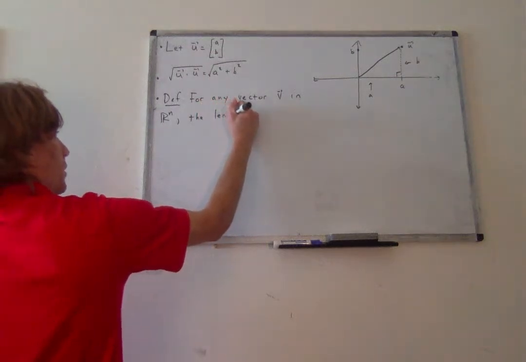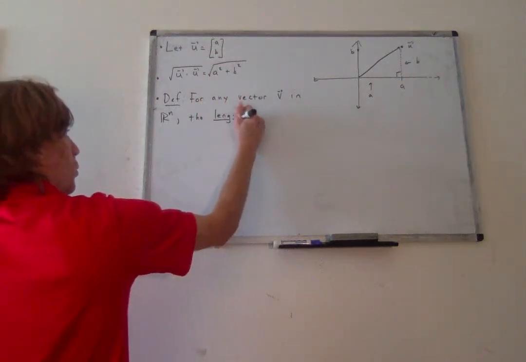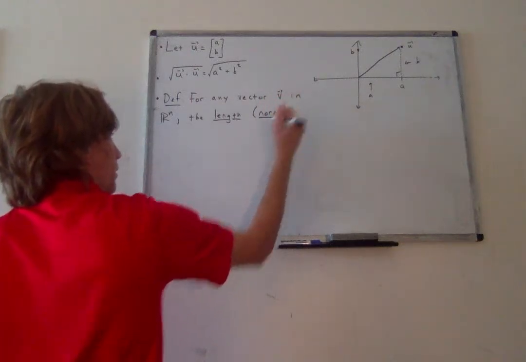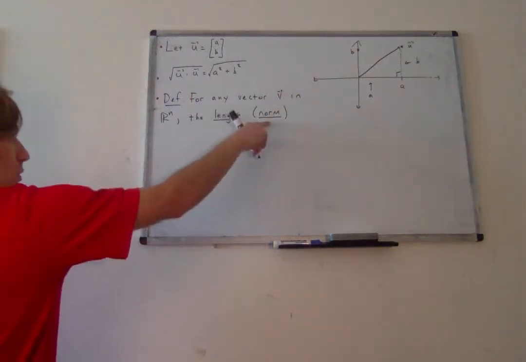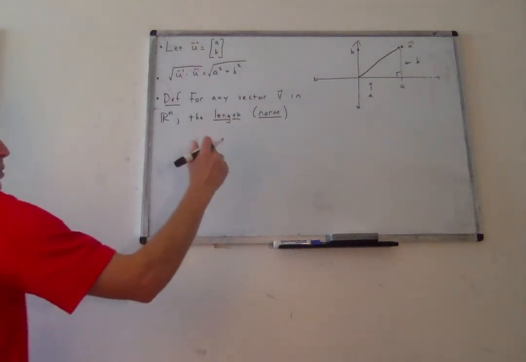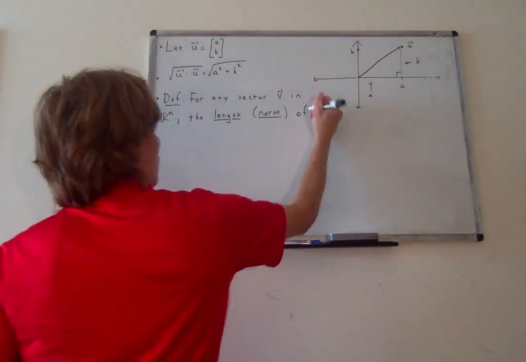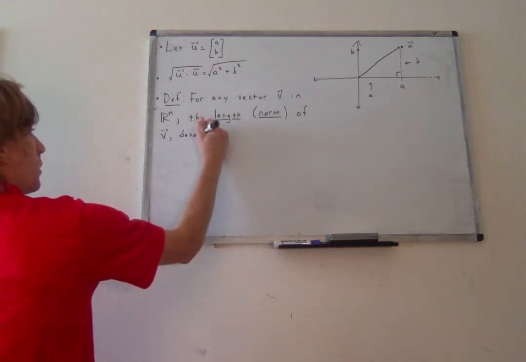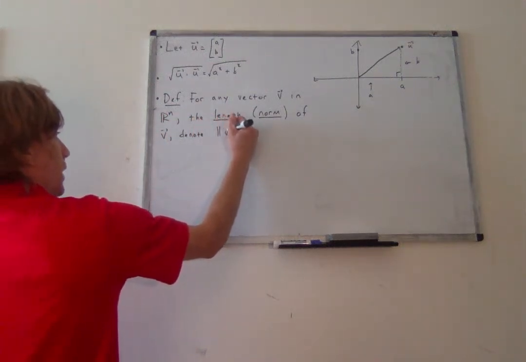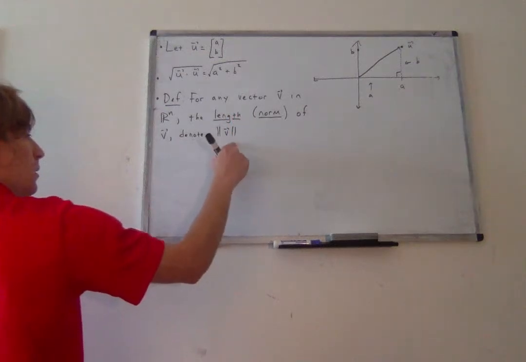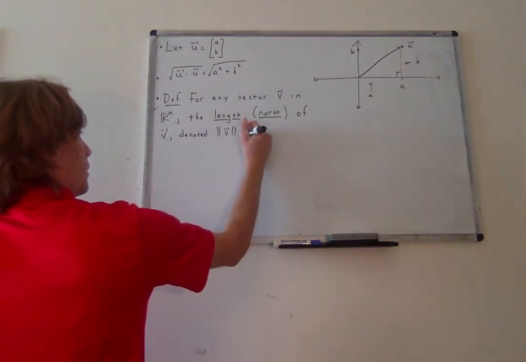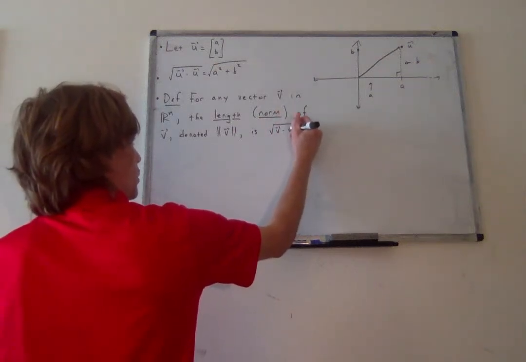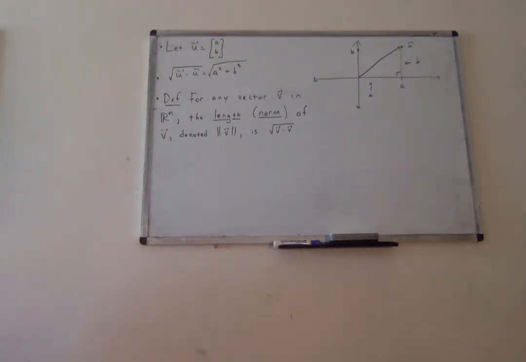And we'll say that the length, or this term norm is more commonly used than length, but these basically mean the same thing, of V, which we'll denote with double absolute value lines on either side of V, is just the square root of the dot product of V with itself.